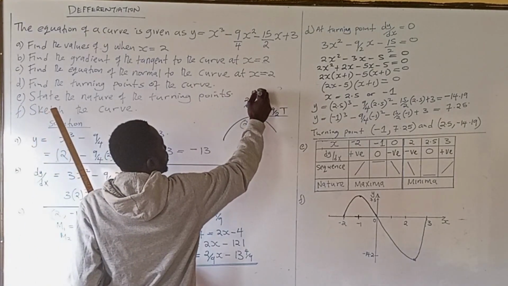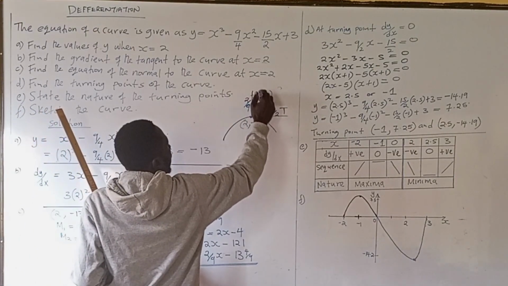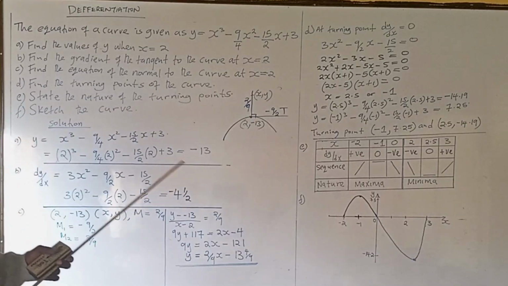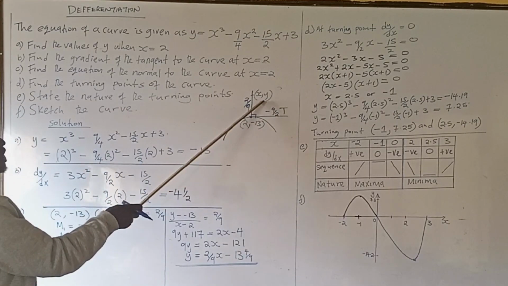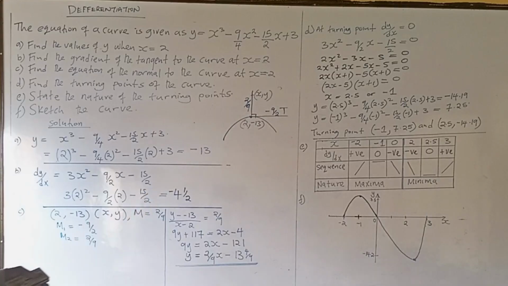So we introduce x and y. You have a known point, and a gradient. This is the point at the turning point, where we have a tangent. This is the point you introduce, and this is the gradient.